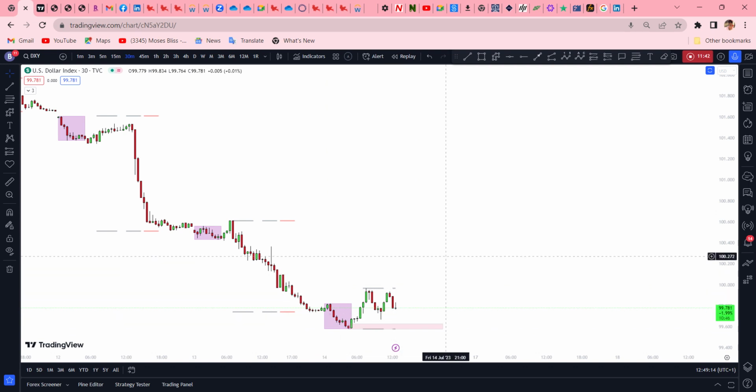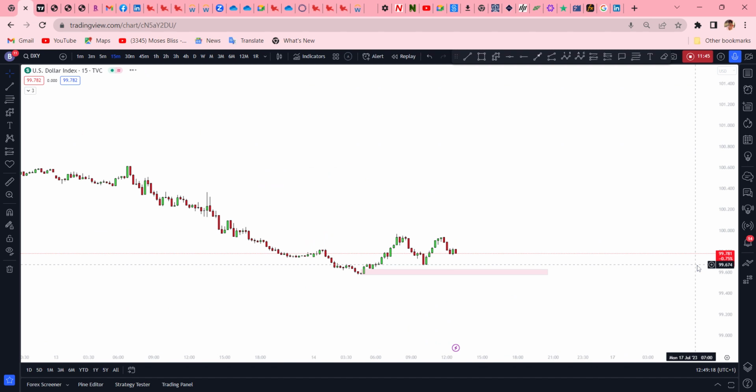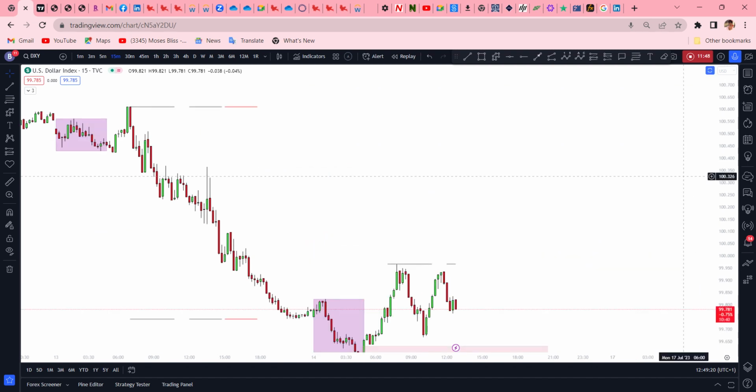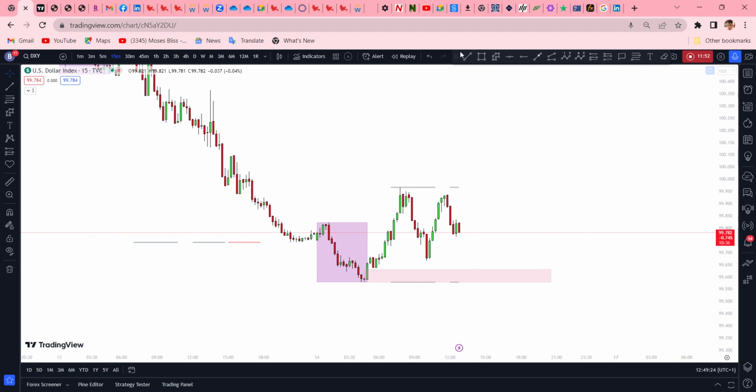What's going to control all this is going to be the dollar, and like I said, the dollar is still falling. This was my analysis on the dollar, and it's still falling until it gets to this point. So this, for me, is liquidity. And like I said, before I can say I'm taking my TP off from there, look at this.